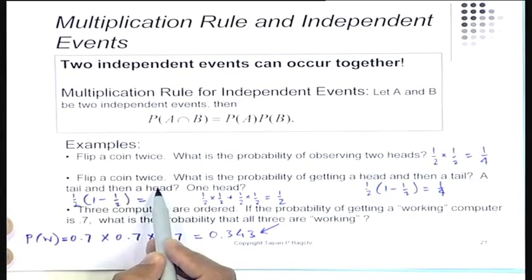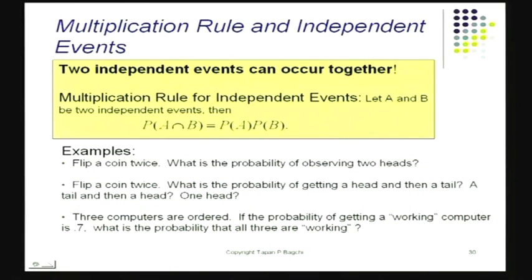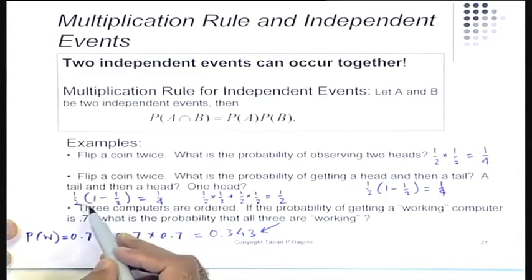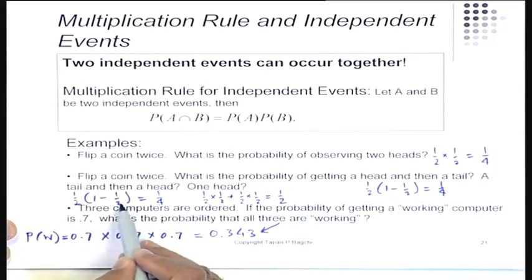Now let's look at the second event. Flip a coin twice, and you can read the event very clearly on your slide here. The second question says flip a coin twice. What is the probability of getting a head and then a tail? Now I'm talking about getting a head in the first and a tail in the second. It turns out I've got a head in the first toss, which is 1 by 2, and a tail in the second toss, which is 1 minus 1 by 2.